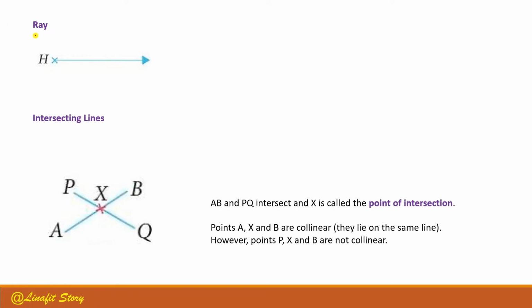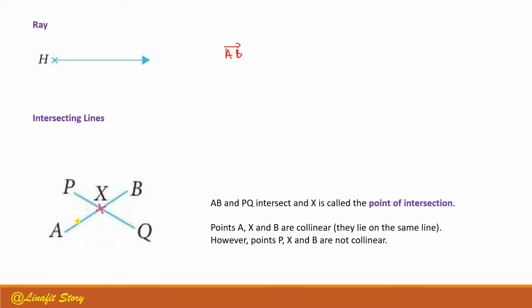A ray is a line with only one endpoint. For example, this is ray AB. The line that starts at A goes through B and continues on. An arrow at one end indicates that the ray extends indefinitely in that direction.